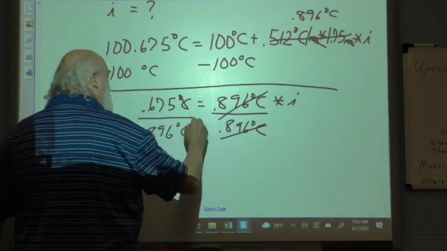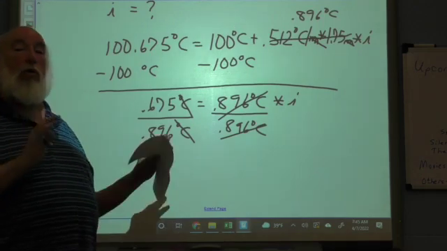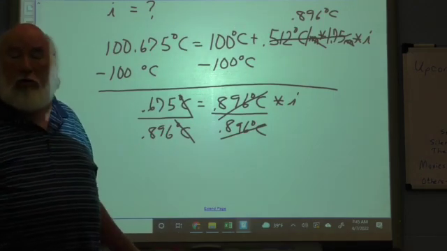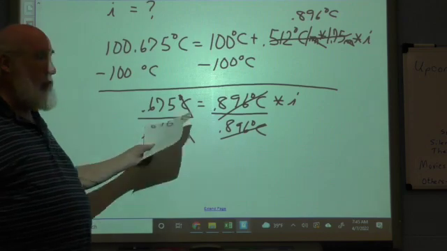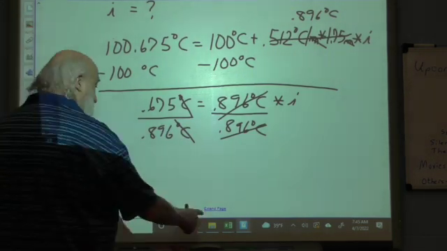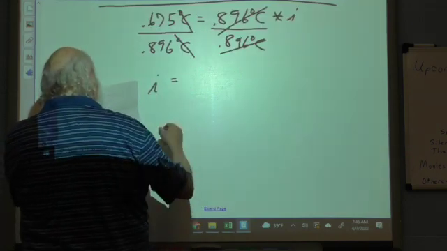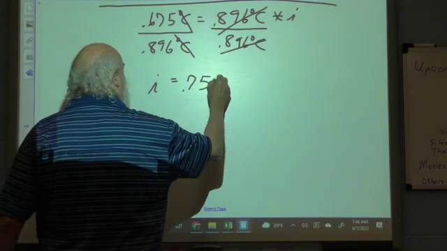The degrees Celsius cancel out, and this gives us no label for I. I has no label. We can say particles, which is fine, but it's not introduced into this equation in that form. And so we find that I here is 0.753.